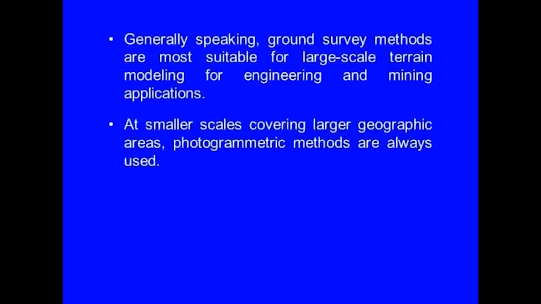Generally speaking, ground surveying methods are most suitable for large scale terrain modeling for engineering and mining applications. At smaller scales covering greater geographic areas, photogrammetric methods are always used.